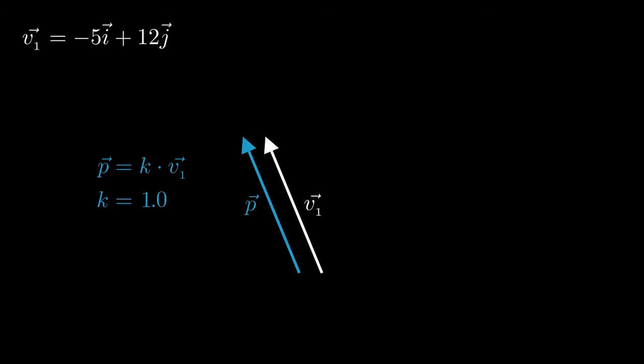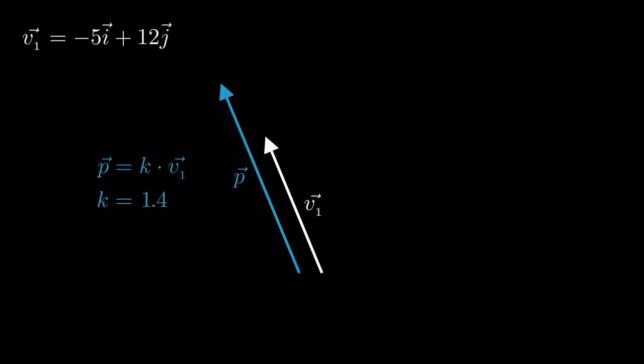If the scale factor goes below 1, P gets smaller. When it's a half, P is now 1/2 of V1, pointing still in the same direction. Interestingly, k can be negative, which means that it changes direction. It flips 180. And here's P if k gets bigger than 1, all the way up to 2.